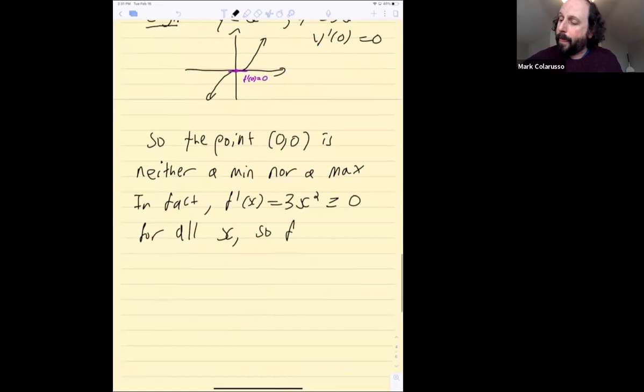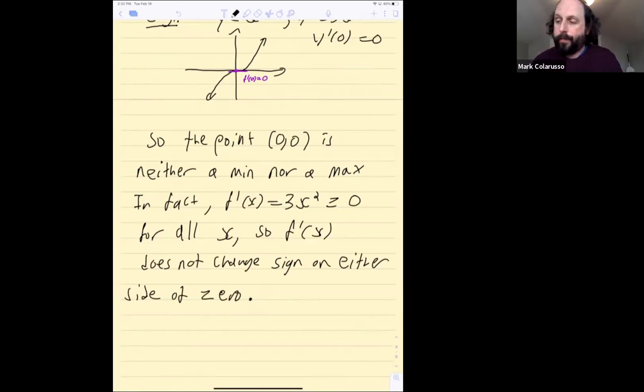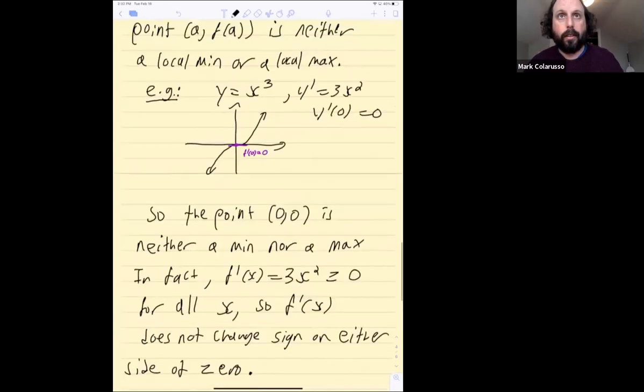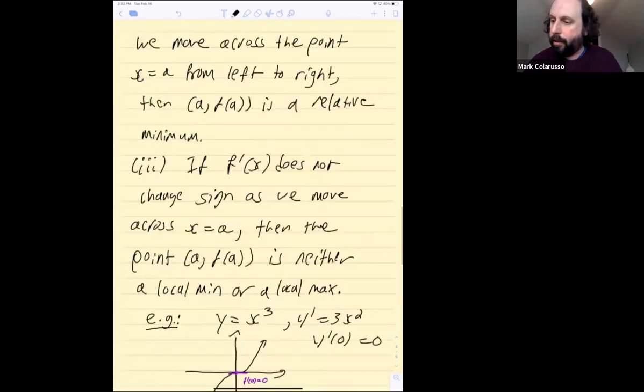So f prime at x does not change sign on either side of 0. Okay, now something else is going on there, but we'll deal with that in a bit.